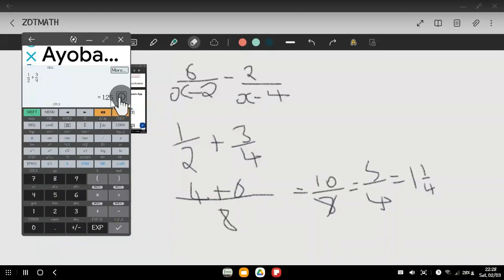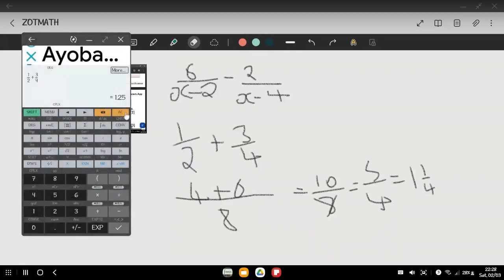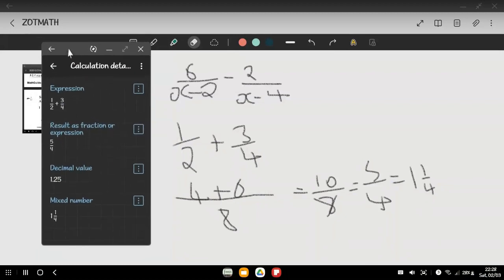It is 1.25. This 1.25, if we check here, we are going to get different expressions. Are you getting the point? Have you seen these answers? Is there any difference with what is here? Look at my calculator here. 5 over 4 is here, right?